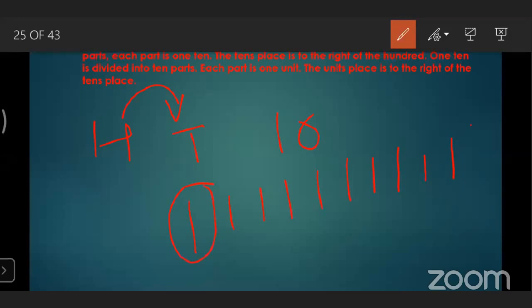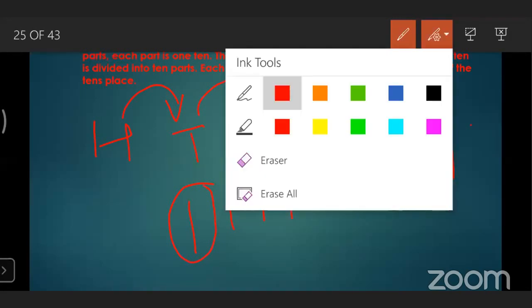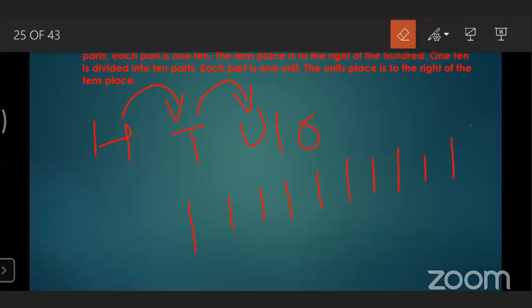And the place of that unit is to the right of the 10 place. Is it clear? Yes, very good. Is it clear, students? Okay, very nice.